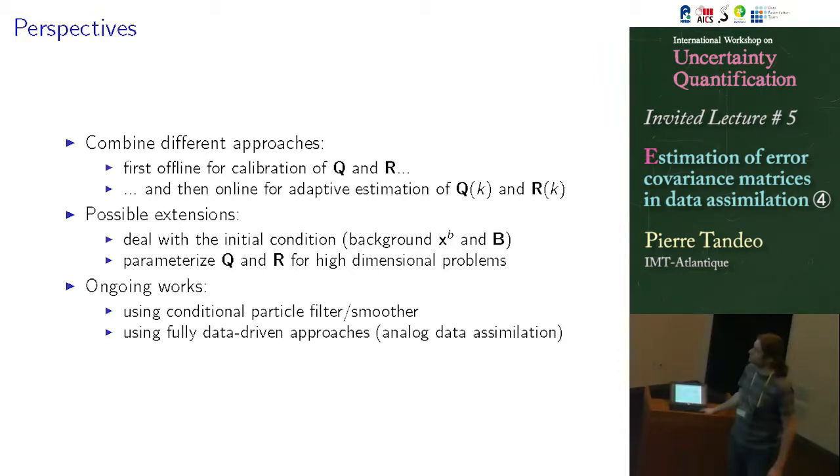Also, we can combine the estimation of Q and R with different data-driven approaches. This is for you, what I presented on Friday. If you remember, analog data assimilation is a data assimilation where we use analog forecasting to reconstruct the model. In this case, we can also use the estimation of Q and R, and it seems to be very efficient. We are currently working on that.